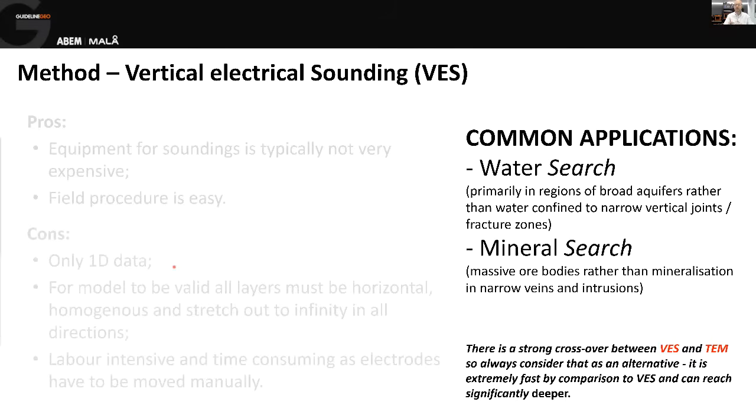So it's very good if you have bare rock at the surface. It can also deal relatively well with conductive top layers, because with TEM, it's actually a bit easier for us to apply more energy, put more power into the transmitted signal to try and break through that conductive top surface.